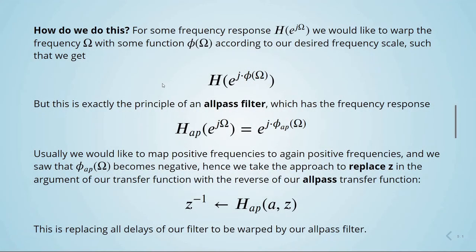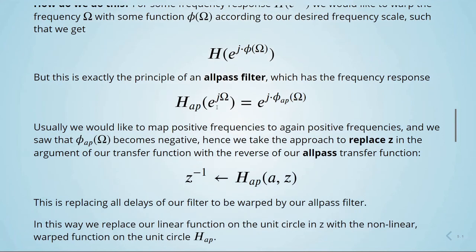So how do we do this? For some frequency response, we would like to warp the frequency omega with some function of omega according to our desired frequency scale, such that we get a frequency response whose phase is a function of some capital omega. This is exactly the principle of an Allpass filter, which has a frequency response given by a function of capital omega.